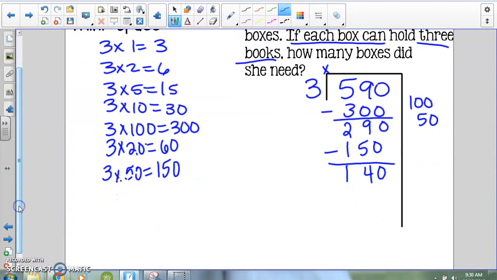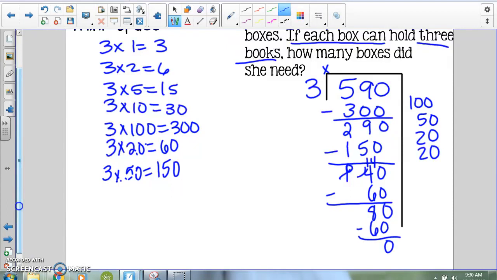I can't use 150 again, but I can use 60, which 3 times 20 is 60. When I subtract, I get 80. I could use another 20, which is 60, and get 20.